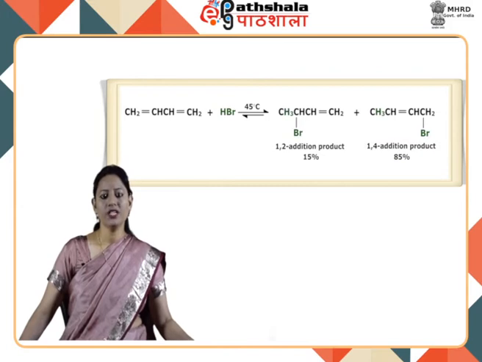The 1,4 addition product is more stable, as the greater the number of alkyl groups attached to the sp2 carbon, the more stable it is, a more substituted alkene. But the 1,2 addition product is formed faster as the transition state for formation of the 1,2 product is more stable.